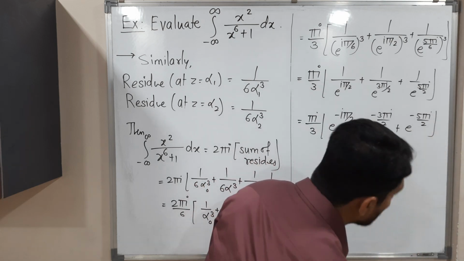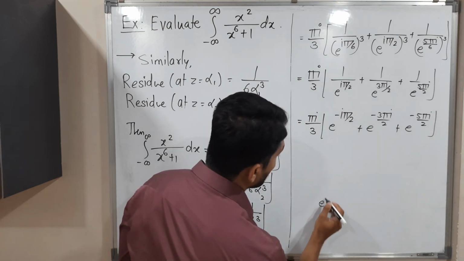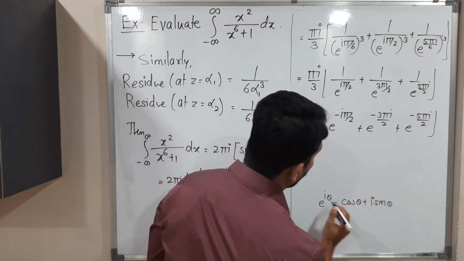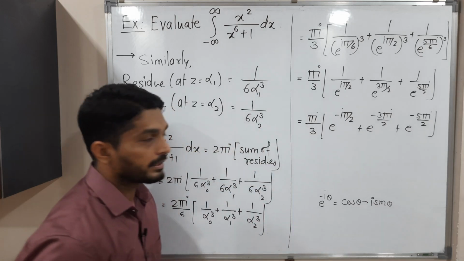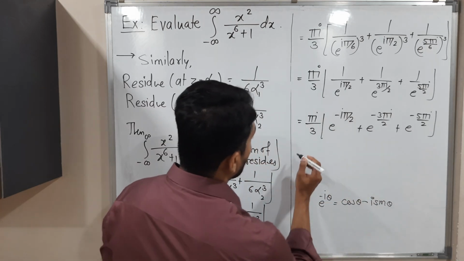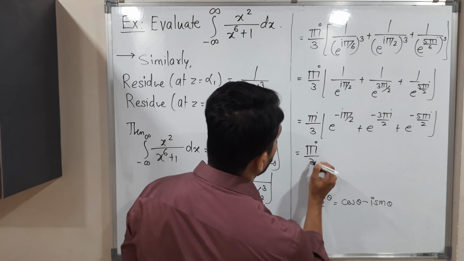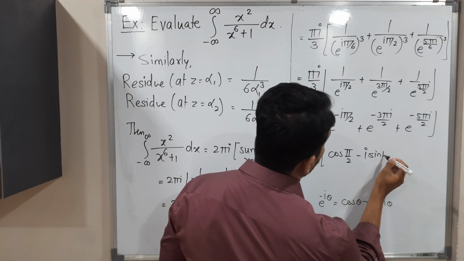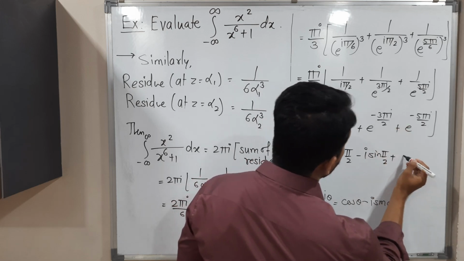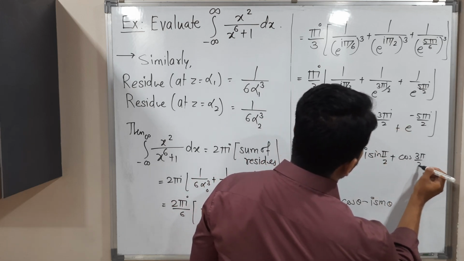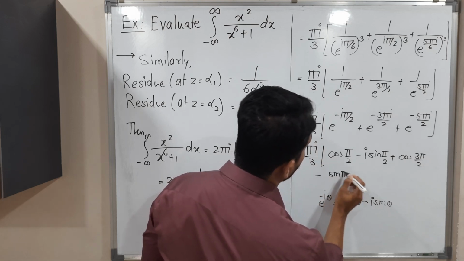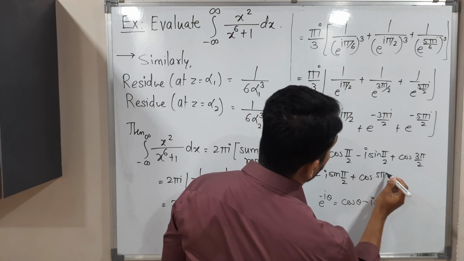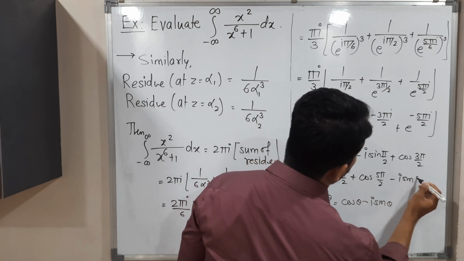Okay, so I am going to express in terms of cos and sine. e raised to i theta is cos theta plus i sin theta. If you have a minus sign, here also we should write the minus sign. So I am going to write pi i by 3 times cos pi by 2 minus i sin pi by 2, for this one cos 3 pi by 2 minus i sin 3 pi by 2, for the last one cos 5 pi by 2 minus i sin 5 pi by 2.